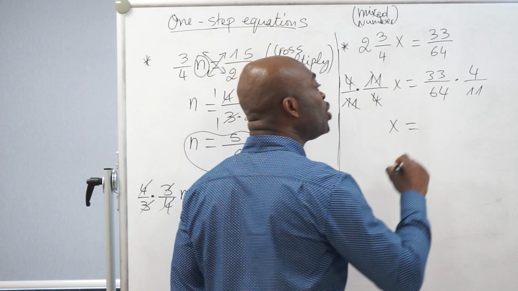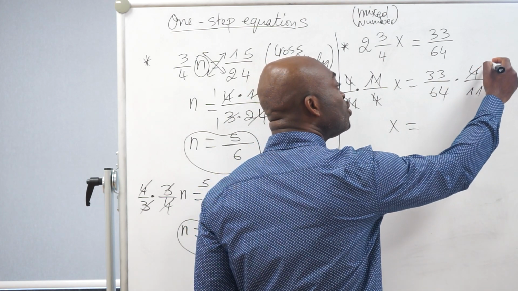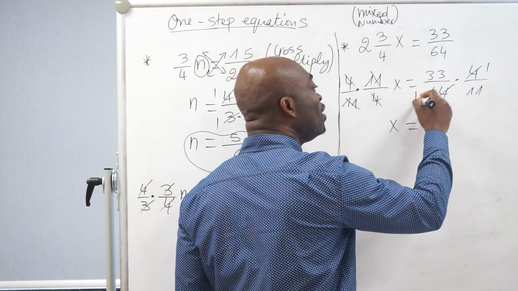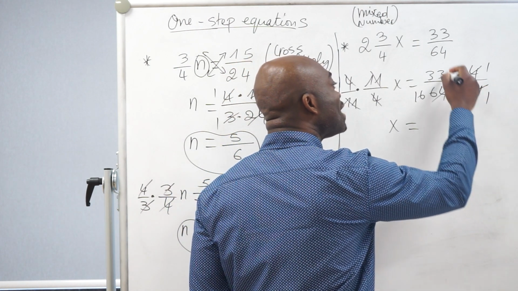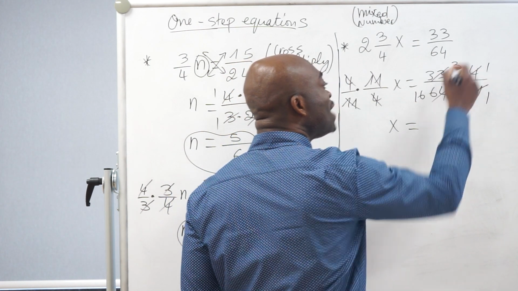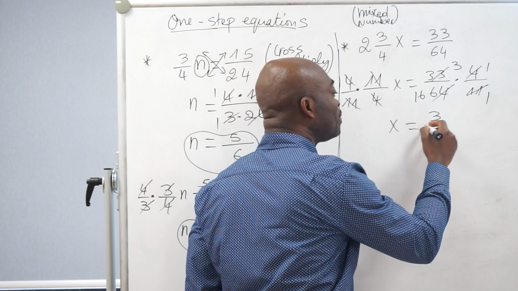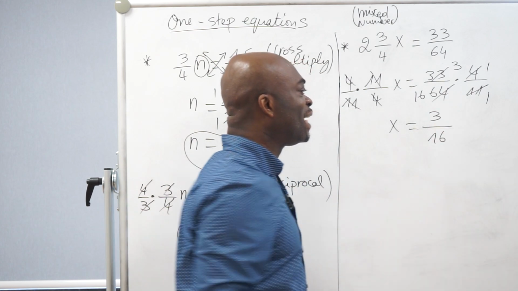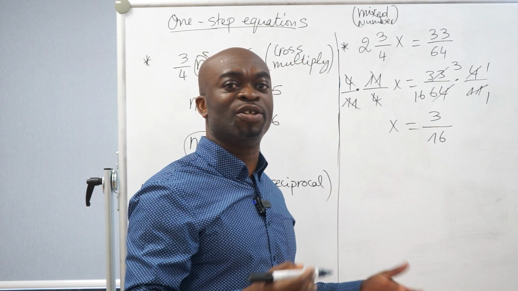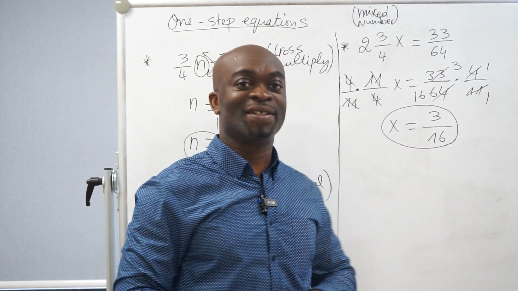Now we see if there's anything that we can simplify also. 4 can go into itself 1 time, can go into 64 16 times. And 11 can go into itself 1 time, can go into 33 3 times. So I end up with 3 times 1, which is 3, over 16 times 1, which is 16. Now, is there anything that I can do there? Can I simplify 3 and 16? No, you cannot go further. So x equals 3 over 16.